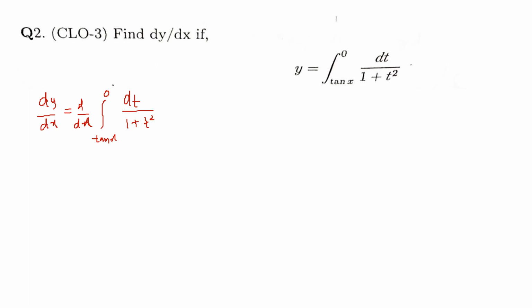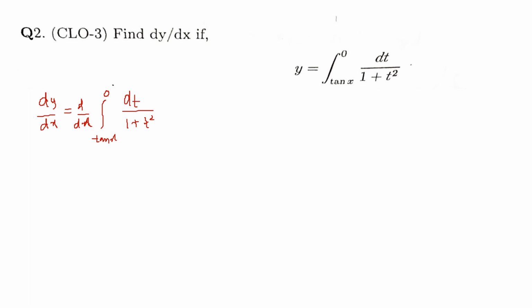From here we have two choices to find the integration and the derivative of this curve. First we can directly integrate this term, apply the limits of integration, and then take the derivative with respect to x. The second choice is we can apply the fundamental theorem of calculus. Let's solve this question with both methods.